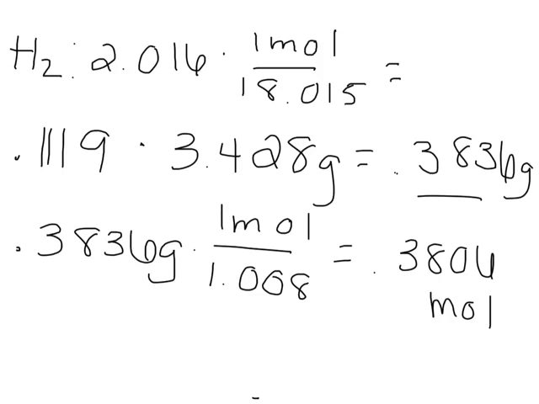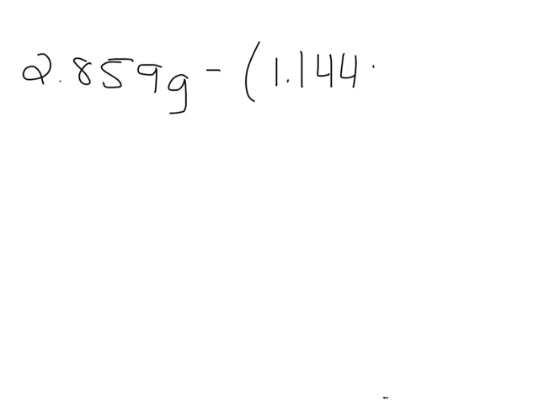This number is important because we need to find the amount of nitrogen, but we don't have any information about nitrogen from the product. So what we have to do is take the total, 2.859 grams, which is the total amount of fuel, minus the grams of carbon, 1.144, plus the grams of H2, 0.3836.